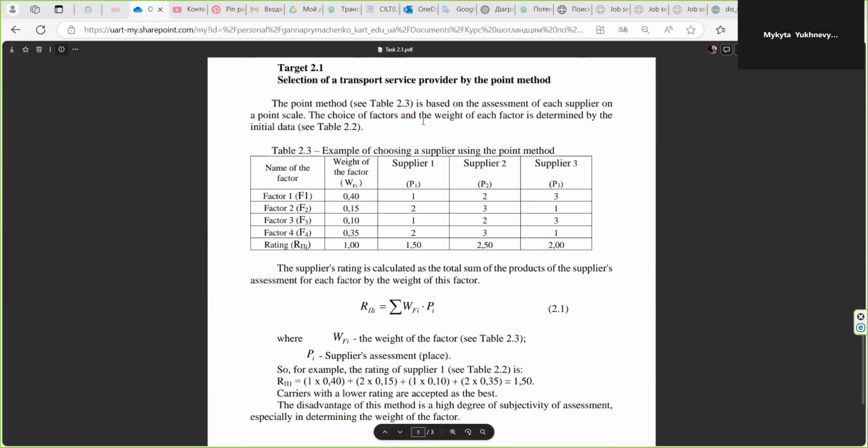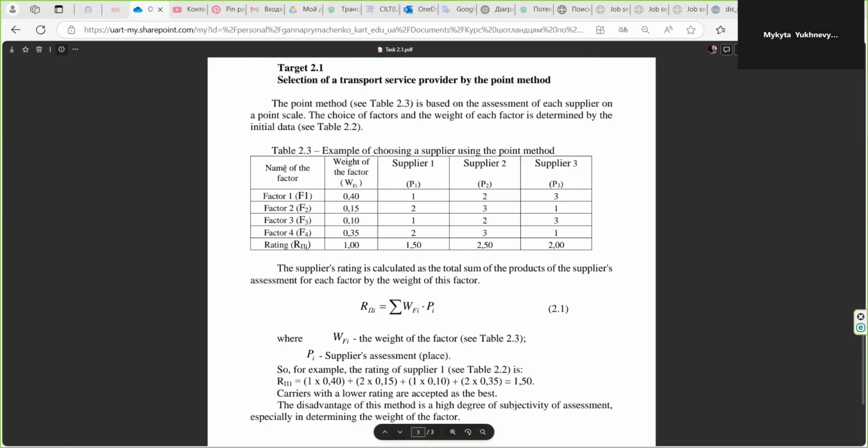The choice of factors and the weight of each factor is determined by the initial data. So we can see table 2.2 and find which factors are correct for our variant. So only 6 factors. We remember about it. We have table 2.3 as an example, and now we can do this calculation in our electronic documents or on your paper.